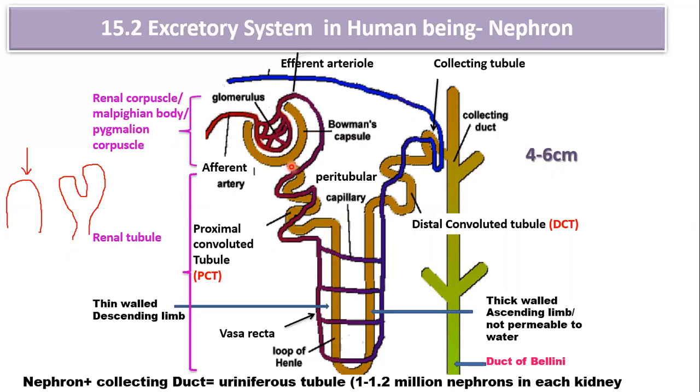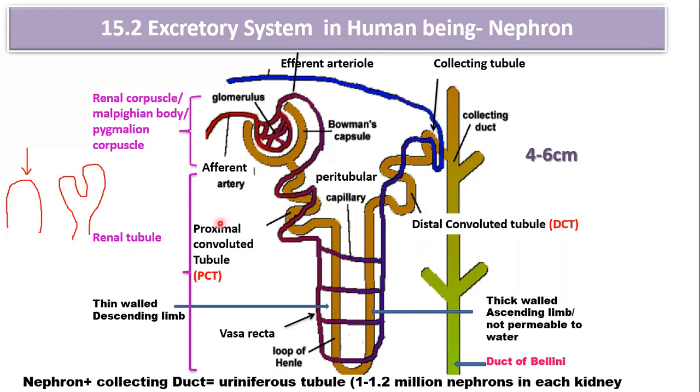What is the second part? The second part is called the neck. The neck is lined by ciliated epithelial cells. Whatever cavity or space is present within the neck is known as the urinary pole. That neck opens into a coiled portion known as the PCT.